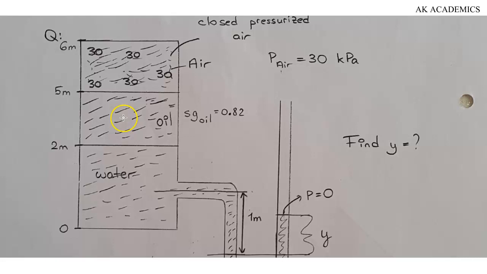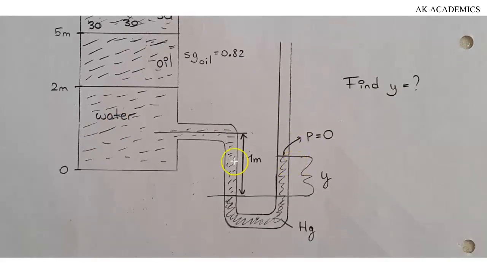And then the pressure of oil is not given, but the specific gravity of oil is given. You take note of that. Also, for the compartment where we have the water, the height is going to be 2 minus 0, that's 2 meters. And we know the specific weight of water is a constant. And then here is the height too. Okay, so we'll keep all of those. If you then come here, you will find out that this is a manometer connected to the reservoir or the tank.